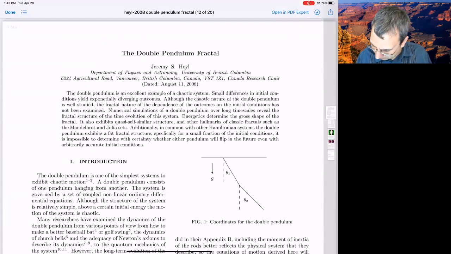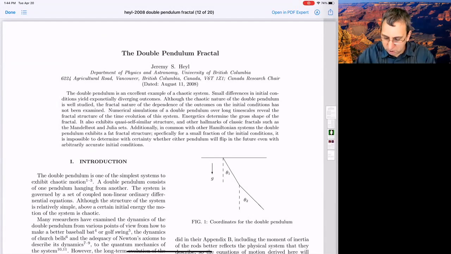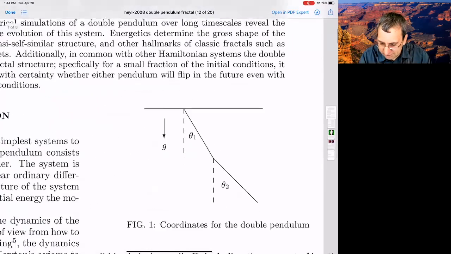I didn't know about this until just a couple of days ago, but the double pendulum, there's a physicist who has this paper just modeling, well, you can model the double pendulum and look at how many, I think it's starting from rest. You've got these two angles, theta 1 and theta 2, right?